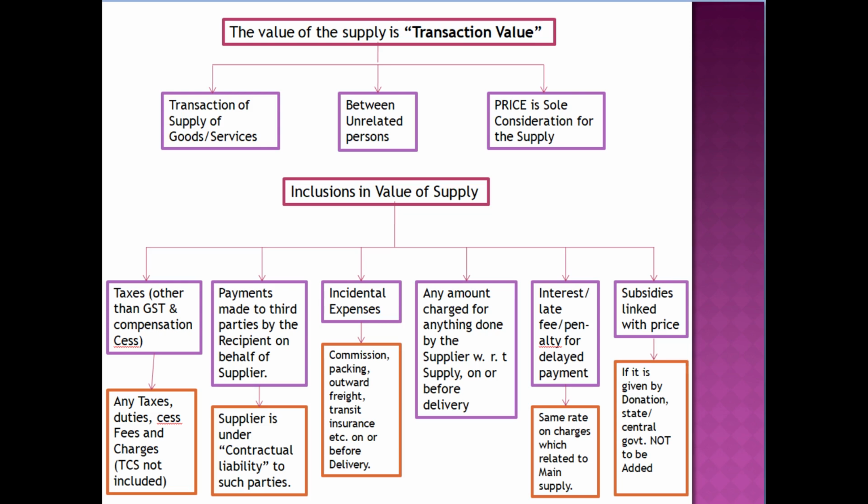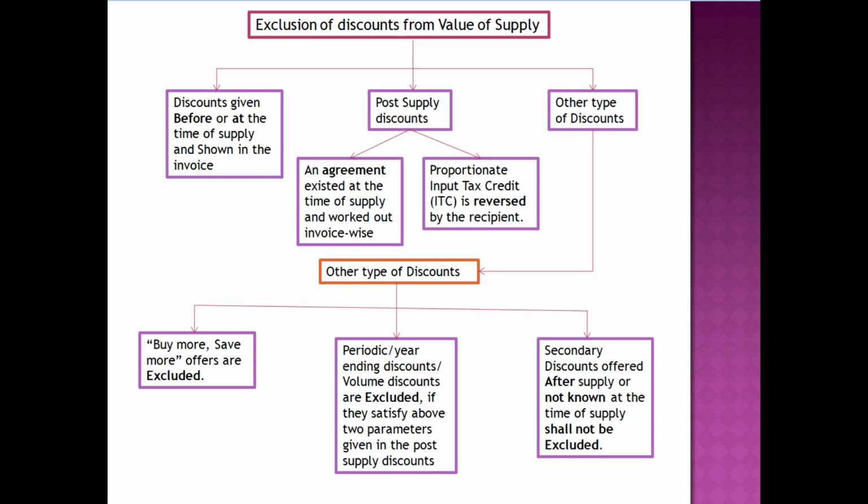And the next one is, the value of supply will include not only the base price but also charges for delayed payment like interest, late fee, penalty, etc. And the last one is, the amount of subsidies which are directly linked to the price of goods or services are added to the value of supply. And if such a subsidy is received by way of donation or from the state or central government, it is not added to the value of supply.